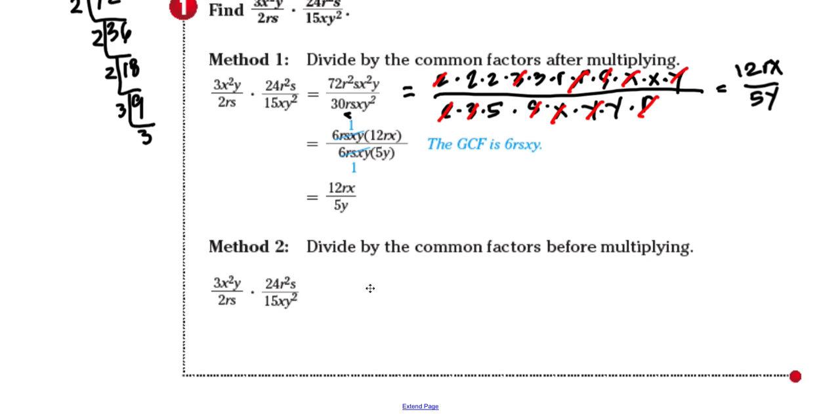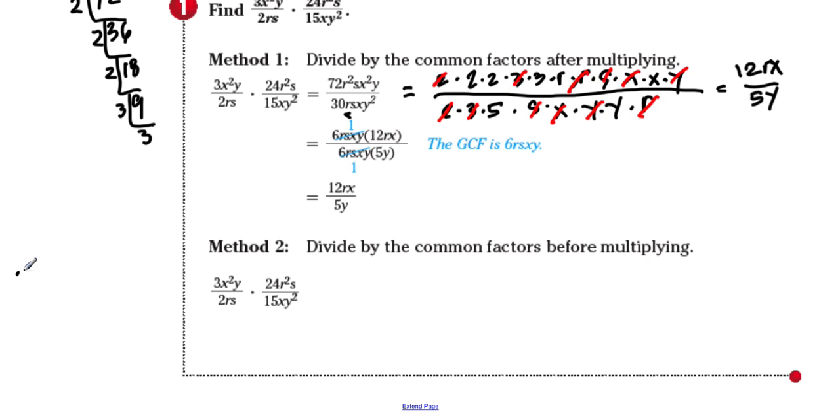Okay, so we want to divide the common factors before multiplying, so we start cross-canceling right now. If you notice, 3 goes into 15, 2 goes into 24. Okay, let me rewrite this.